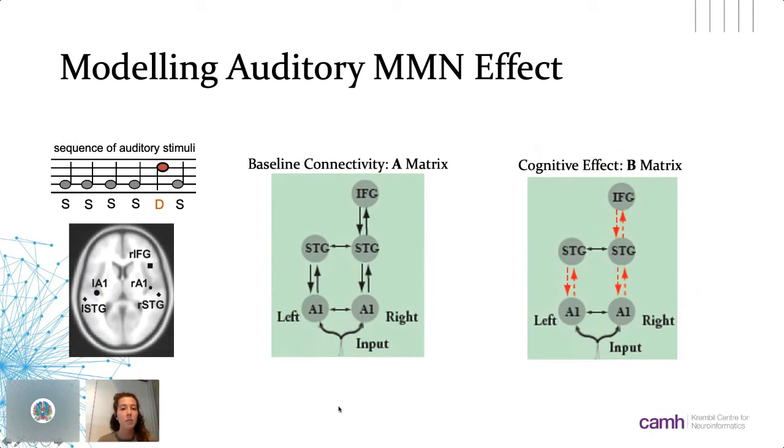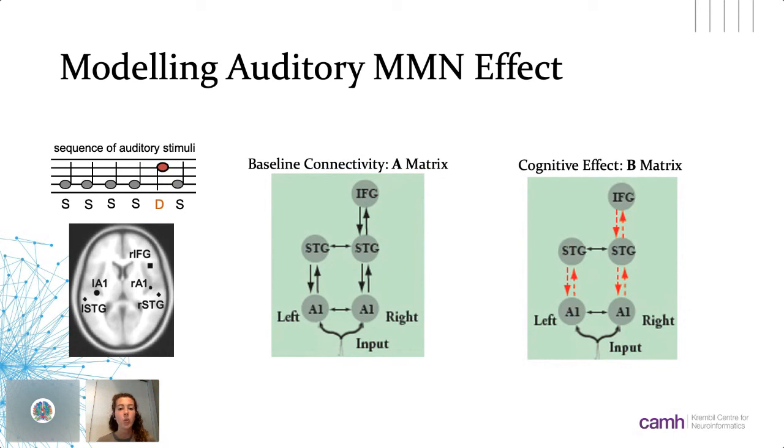So the A matrix, as mentioned, defines the baseline connectivity between the regions. So for MMN generation, we assume we have feed forward, feed back, and these lateral connections. And then the B matrix captures whatever's affected by our task, so whatever connectivity changes are driven by the manipulation.